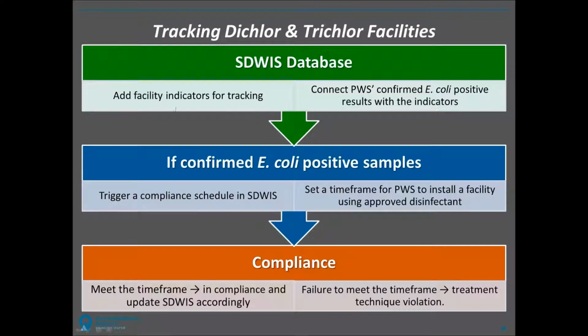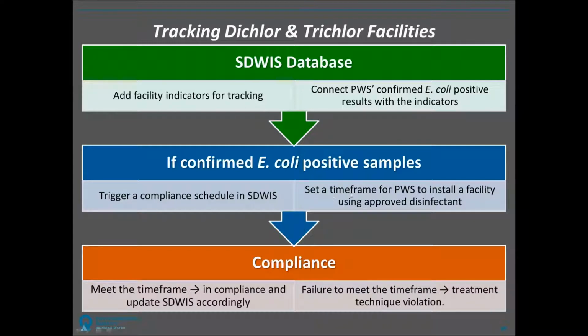So to track these facilities, our process, the first step is we rely on the CITWIS database. We add a facility indicator to track each of these facilities, and by tracking in CITWIS, now we can connect each water system's confirmed E. coli positive results with this indicator. And if a confirmed E. coli positive sample is detected, our database will trigger a compliance schedule.